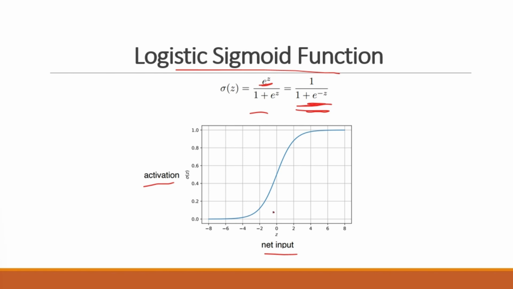You can see that it's centered around 0. If the input is 0, then the output will be 0.5, and it saturates at 1. On the other hand, it approaches 0 on the other side, so it's a function between 0 and 1. But you can see you have to have very negative or very positive values. So this is how this function looks.